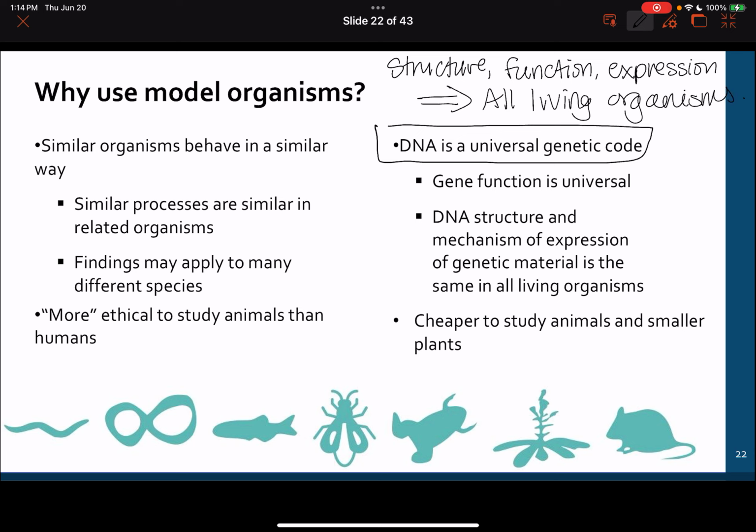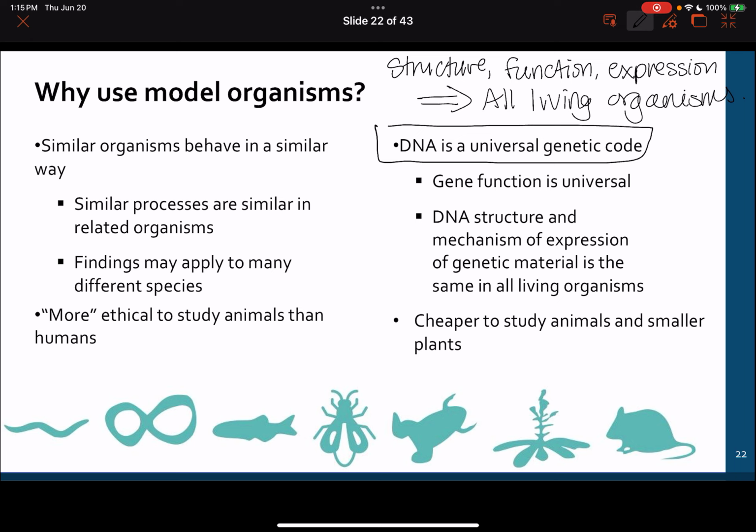It is not identical. There are different key features in the expression of genetic material, say between a bacteria and a human. However, the overall function is so similar that we can take a gene from, say, a pig and insert it into a bacteria, and it will produce the outcome or the proteins the way that we want it.